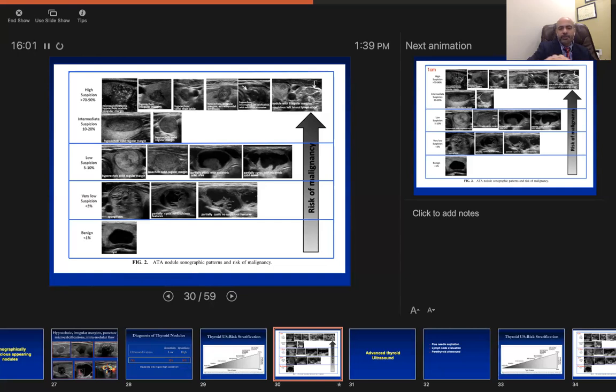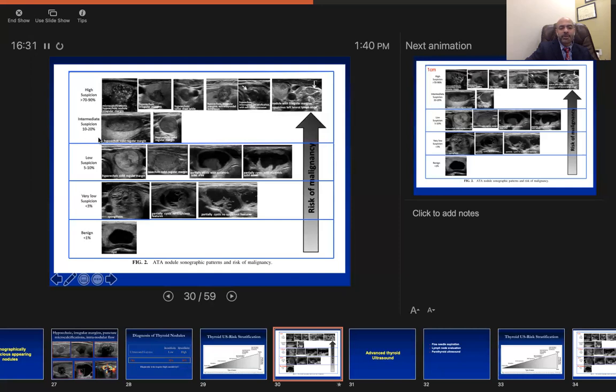And along this first line, you see all these features: irregular margins, hypoechoic, calcifications. And this last image is showing the nodule, the carotid, and a lymph node, a very abnormal appearing lymph node. So very high suspicion just based on ultrasound, 70 to 90%. Yes, you do want to do FNA in these patients.